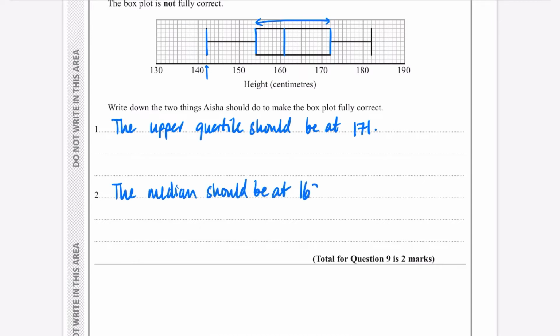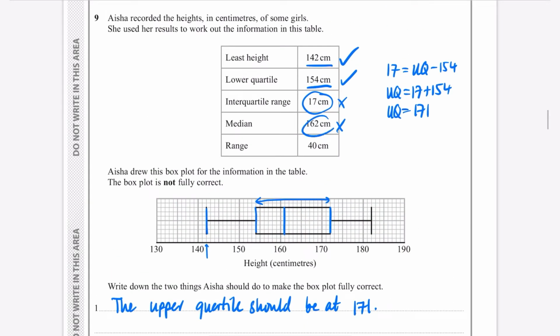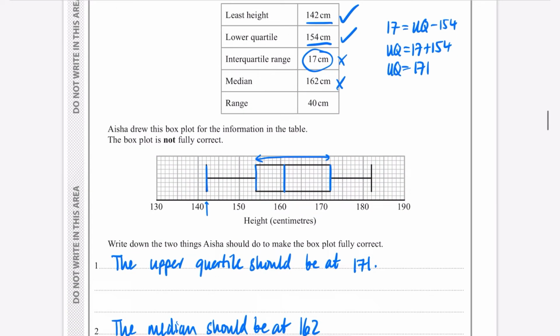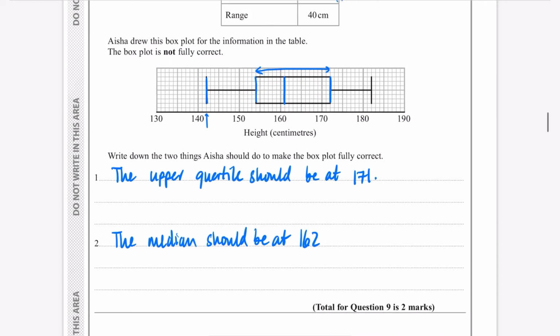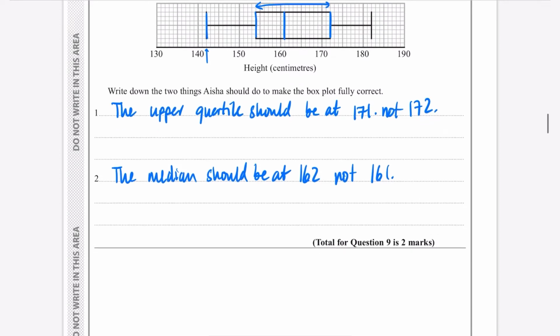The median should be at 162. She put it at 161, so she's plotted it at the wrong place. And the upper quartile should be at 171, not 172. It's good to say what's wrong and how they should correct it.